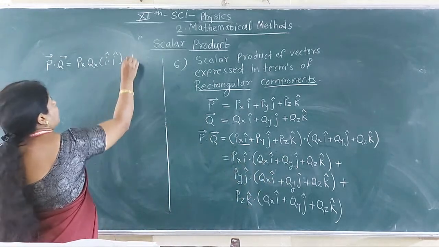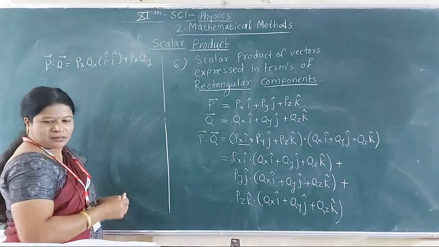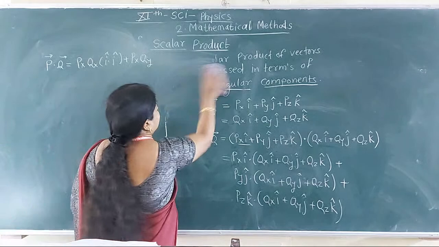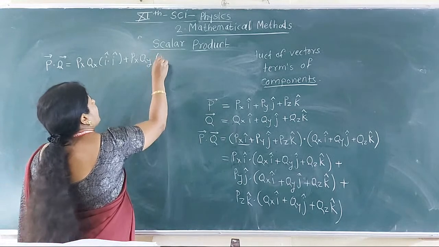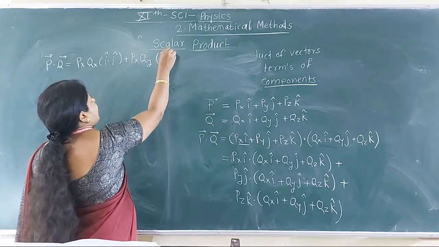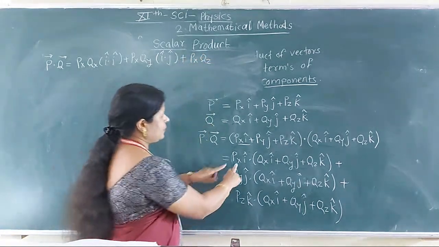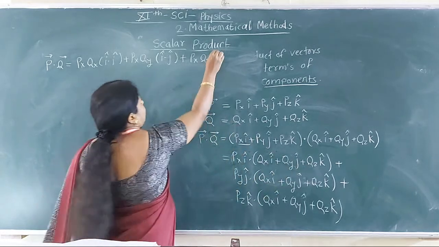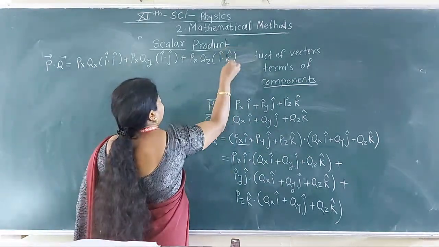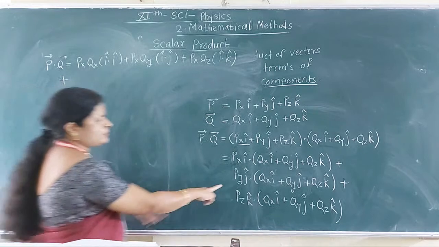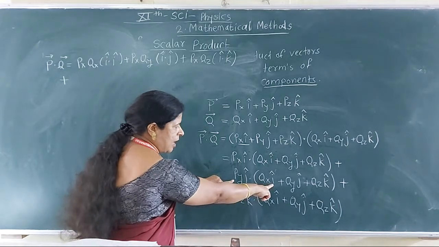We get PxQy (i cap dot j cap) plus PxQz (i cap dot k cap), plus now the second term, Py j cap multiplied with Qx i cap.